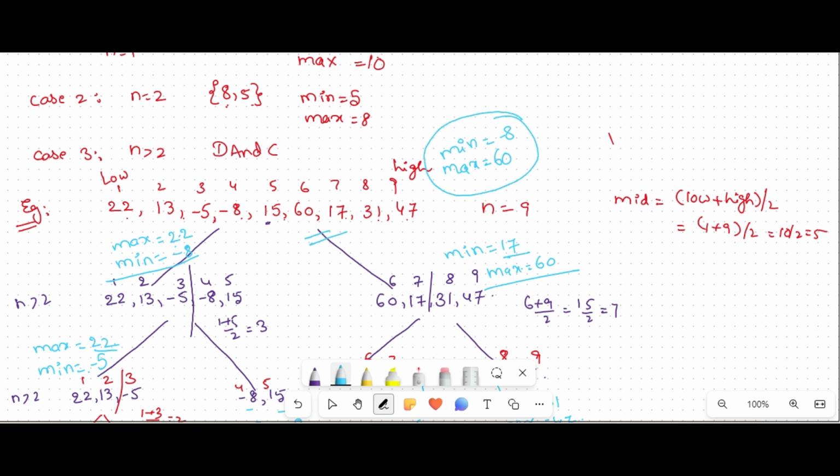So for the given array, which one is minimum element? Minimum element equal to -8. Then maximum element is 60. Like that. So we can find out the minimum element and the maximum element in the array by using divide and conquer approach. Hope you understand the problem, students.